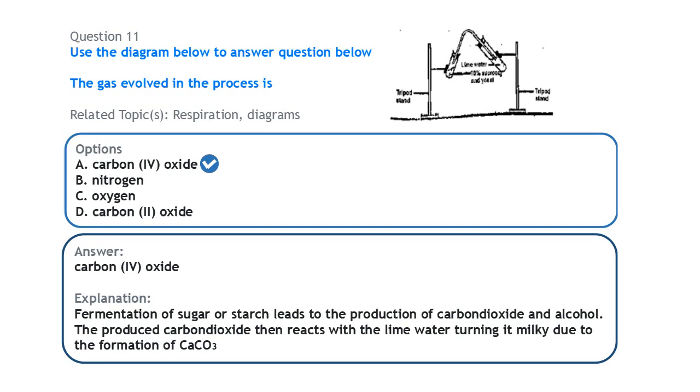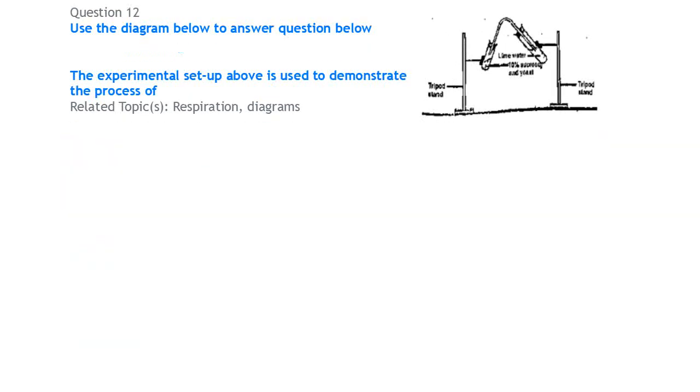The carbon dioxide gas that is released goes into this lime water, and it turns the lime water milky, like a whitish, milky solution. So this is one of the tests for carbon dioxide. Passing it through the lime water, if the lime water turns milky, then that suggests that the gas is carbon dioxide.